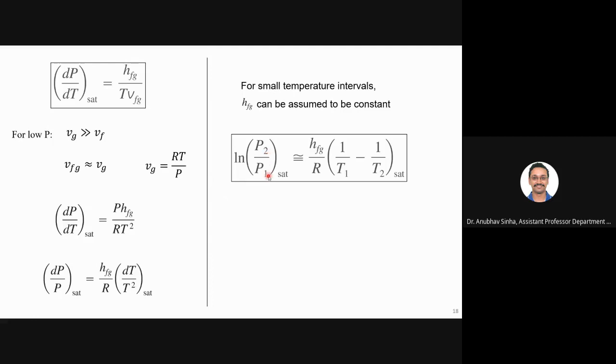We are integrating between state 1 and state 2, and because I am assuming HFG to be constant, I am taking it out of the integration. So we integrate this from 1 to 2, and we integrate this from 1 to 2. That will give you HFG/R times (1/T1 minus 1/T2).